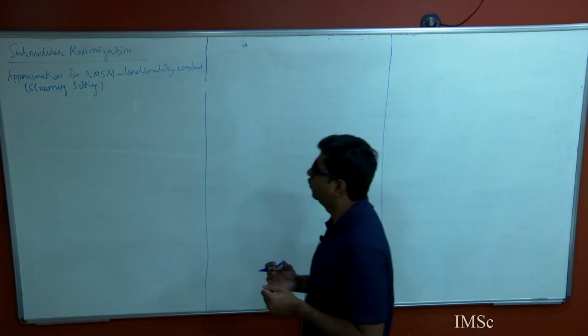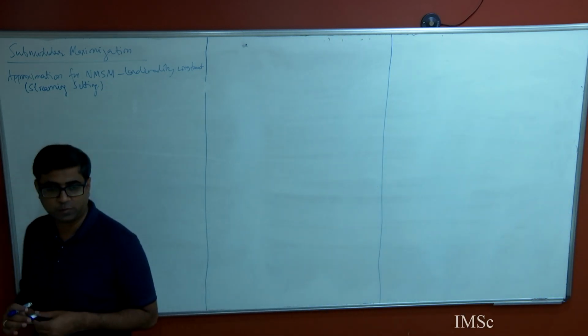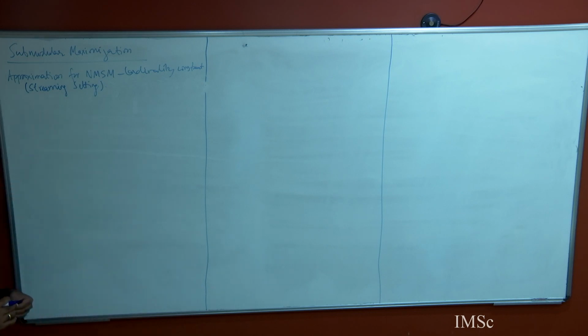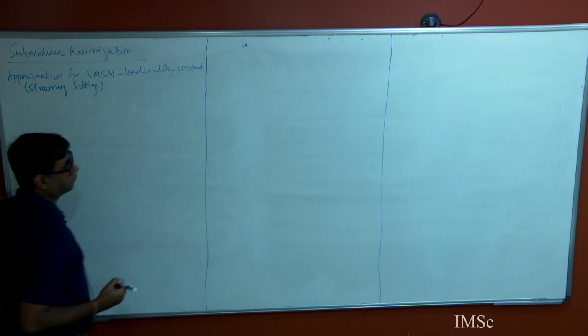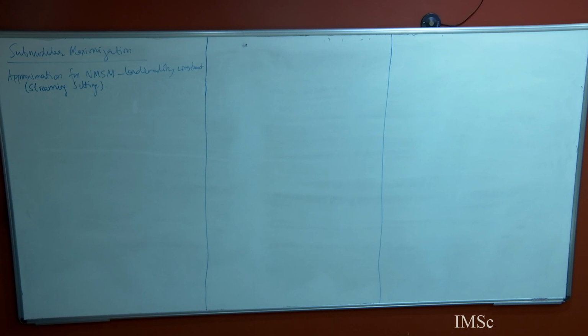So we will have to somehow do this process in the randomized setting, or in the online setting, or in the streaming setting, and somehow be able to say that whatever is happening is nice.